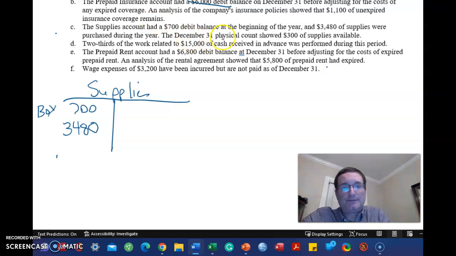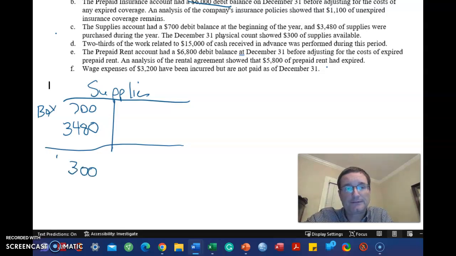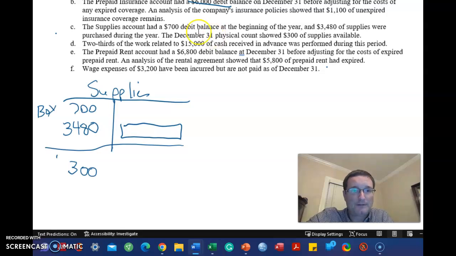Now on December 31st, somebody went into the office supply storeroom, let's say, and they said, well, we only have about $300 left. So the only way to get from this large amount all the way down to this small amount is a credit. So 700 plus 3,480 minus 300.